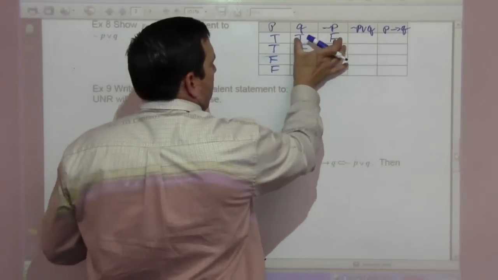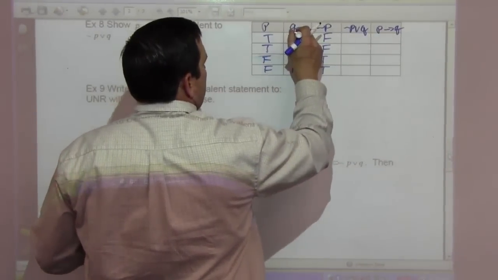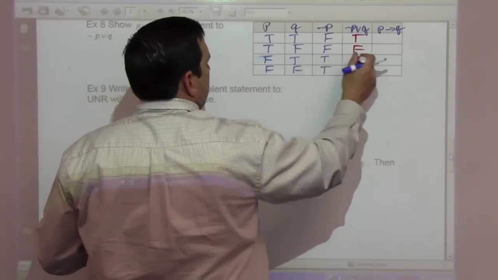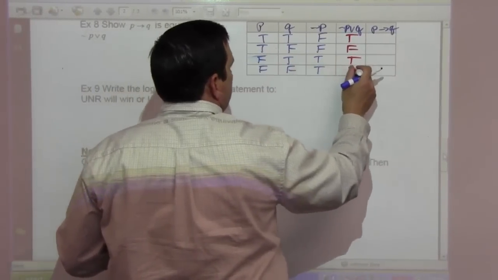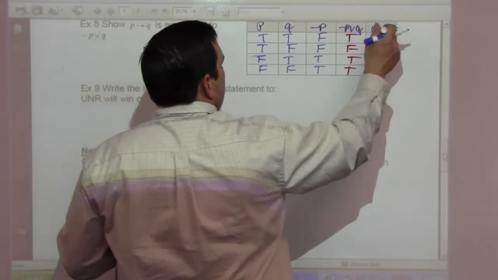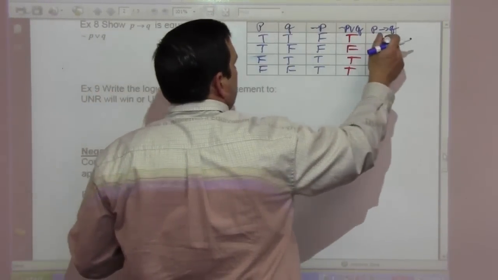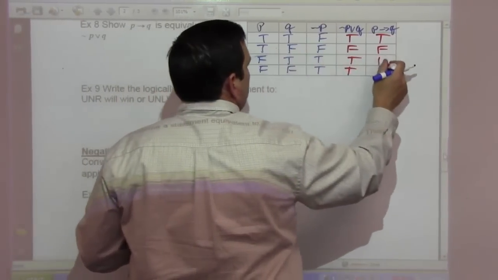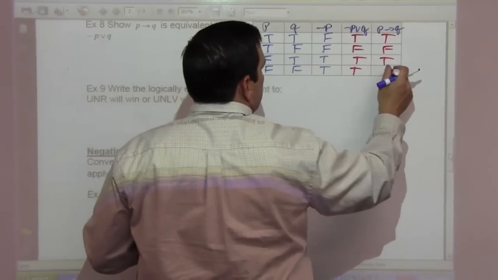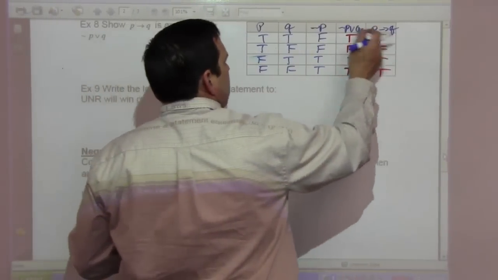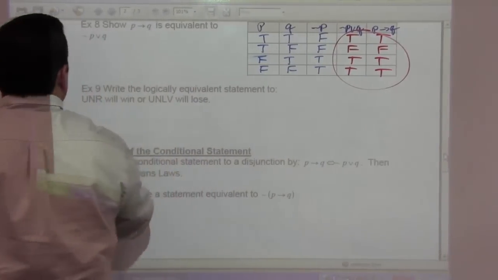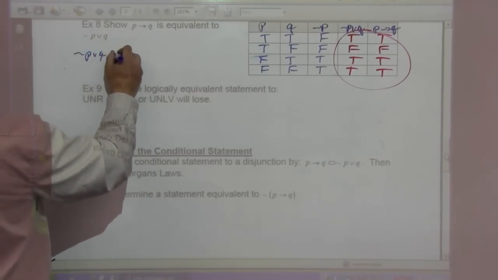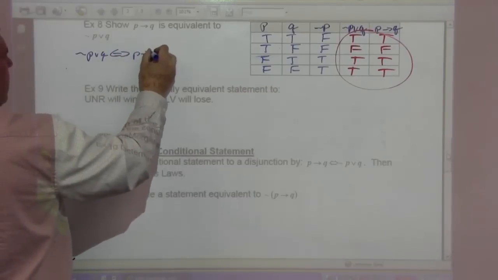So not P or Q, just one has to be true. True or false is true. False or false is false. True or true is true. False or true is true. If P then Q. So if true then true is true. If true then false is false. If false and true is true. If false and false is still true. So they are equivalent statements. So not P or Q is equivalent to if P then Q.